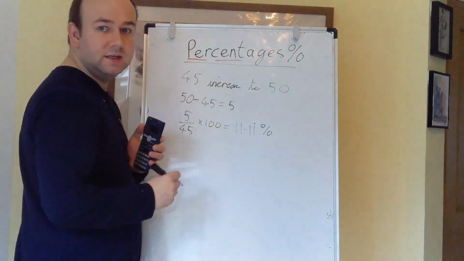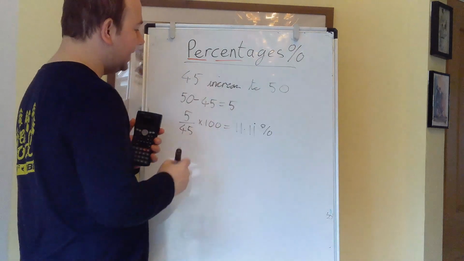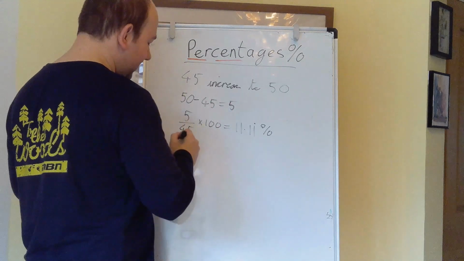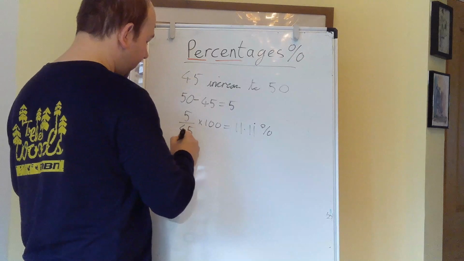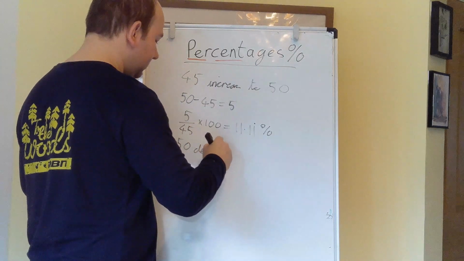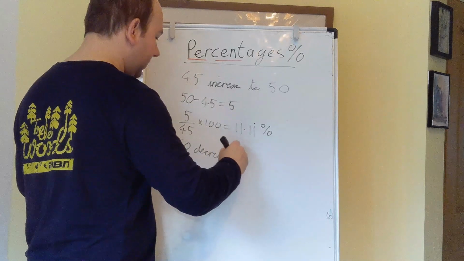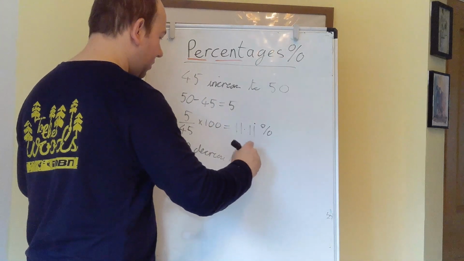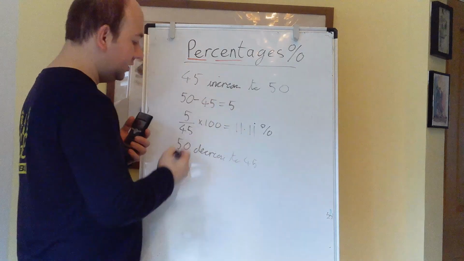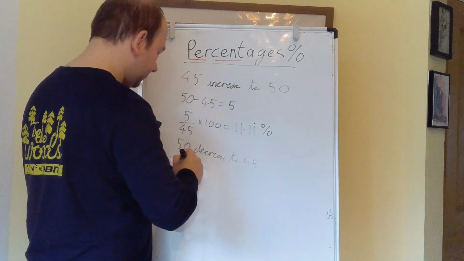And bear this number in mind, because what happens if we're asked to find the percentage decrease? Let's say this time we had 50 and we decreased to 45. We carry out exactly the same steps. We find the difference, which is 5.